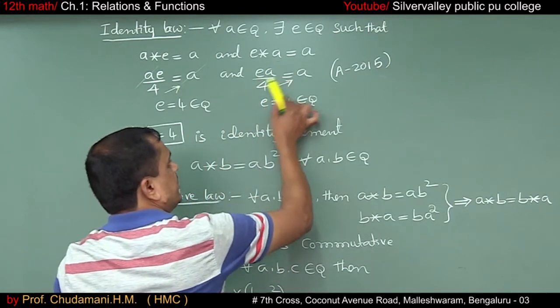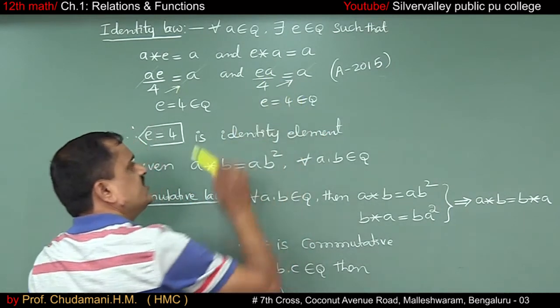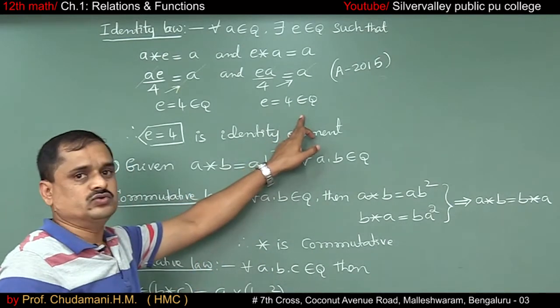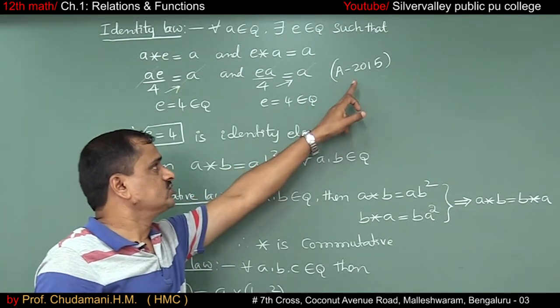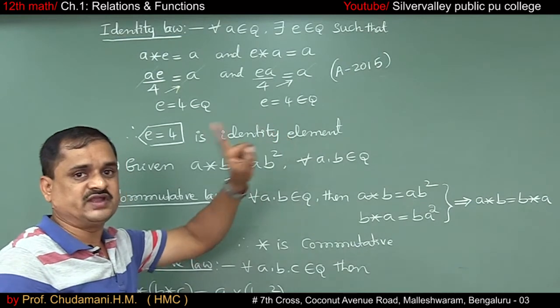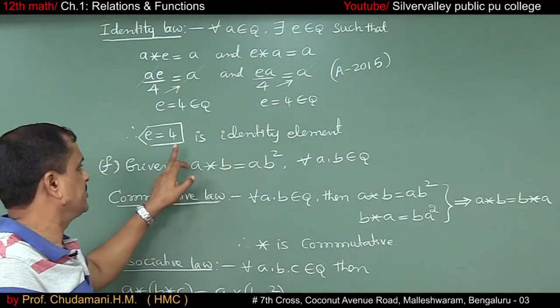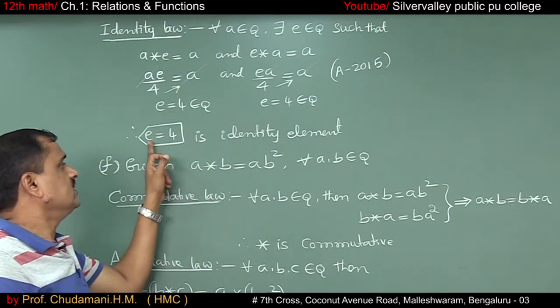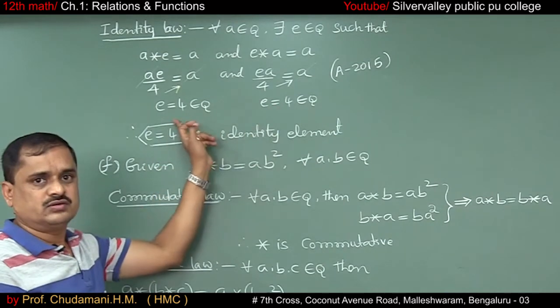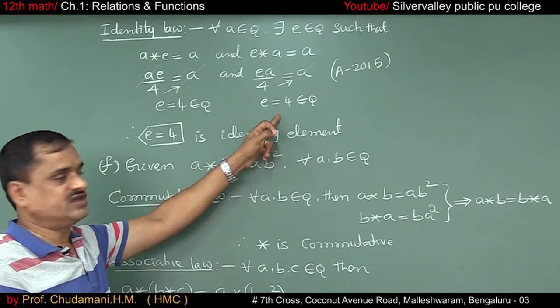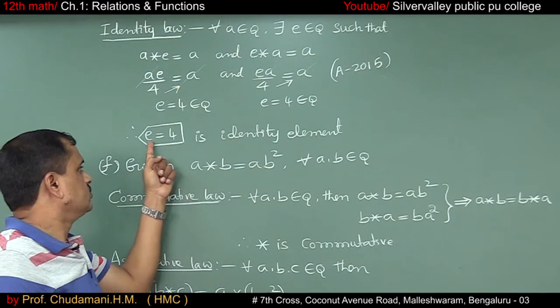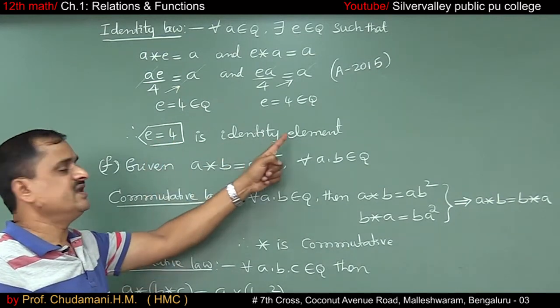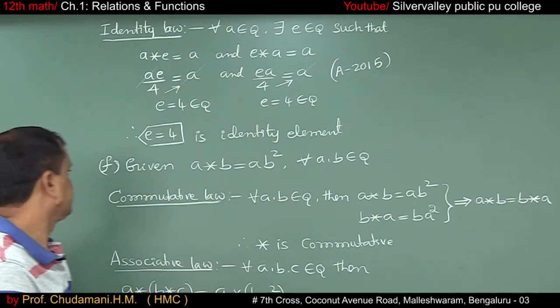Here also A gets cancelled, E is equal to 4, belongs to Q. So in annual 2015, they ask us to find only the identity element for the defined operation. So E is equal to 4, unique, identity element is unique. So E equals 4 is the identity element.